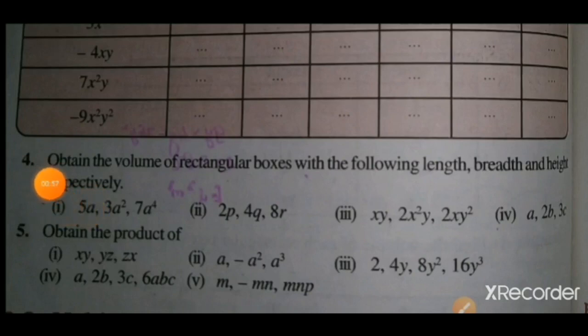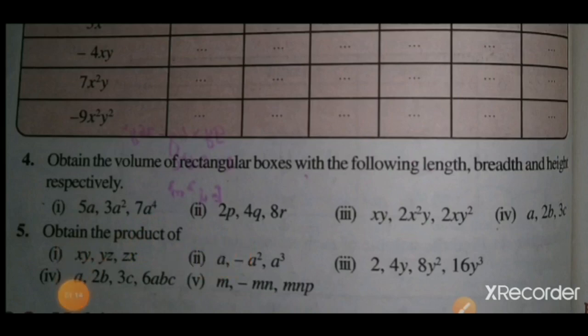Now the question 4, obtain the volume of rectangular boxes with the following length, breadth and height respectively. In part 1, the length is 5a, the breadth is 3a square, and the height is 7a raised to the power 4.